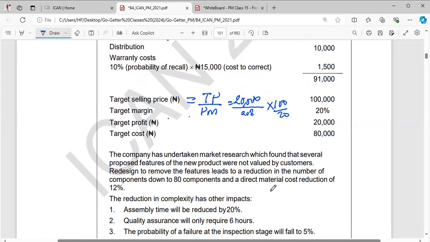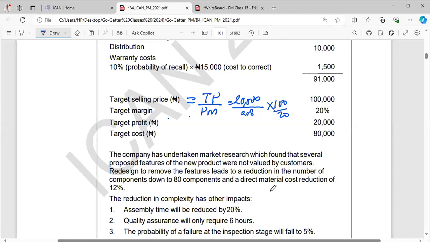Your cost gap will only be there if the expected cost is higher than the target cost. Then you now look at the question to see ways in which you can reduce the cost.